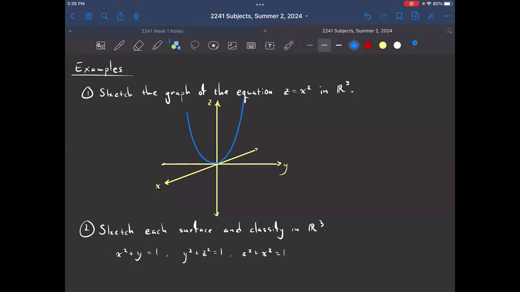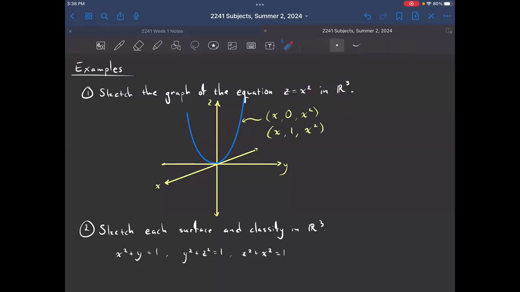Okay, and so now we have this parabola, and we're looking for all of the points in R3 that satisfy this equation. Well, points on here look like (x, 0, x squared). But I could also have a point (x, 1, x squared).